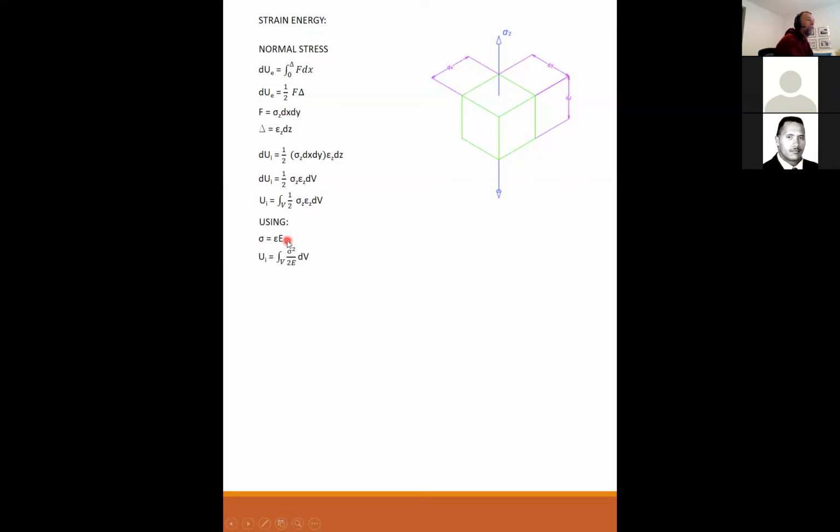Strain is equal to sigma over E. So I substituted sigma over E back into here. And this is what's known as the internal strain energy, this equation here. Anybody, please stop me if you have any questions.